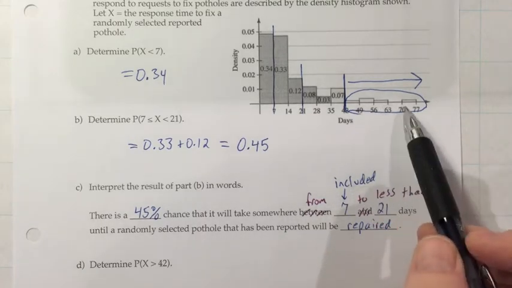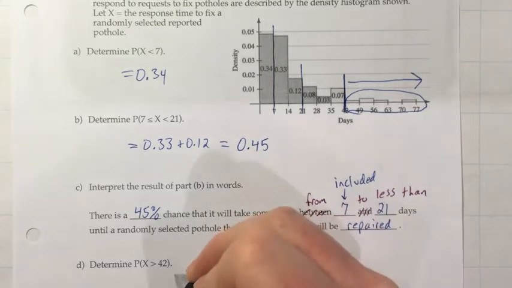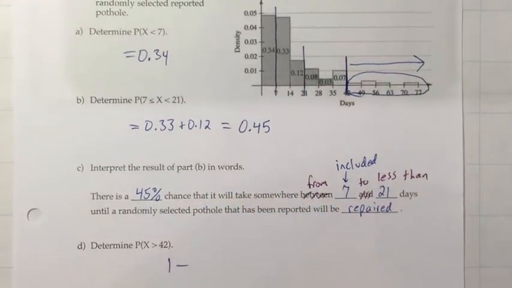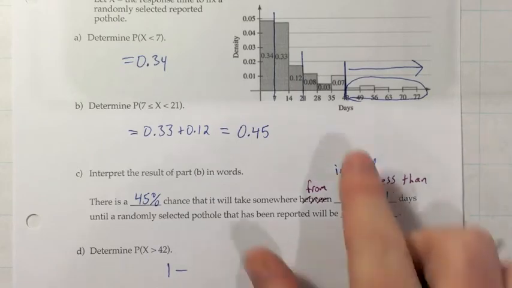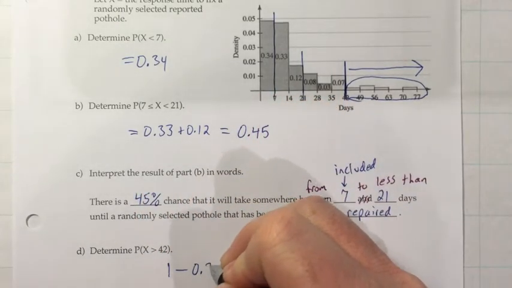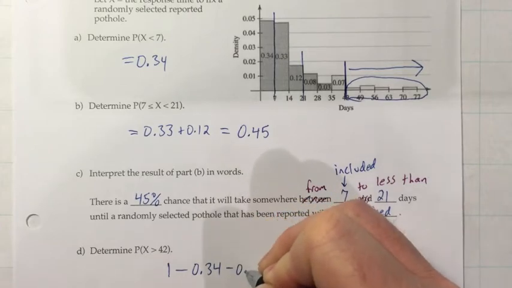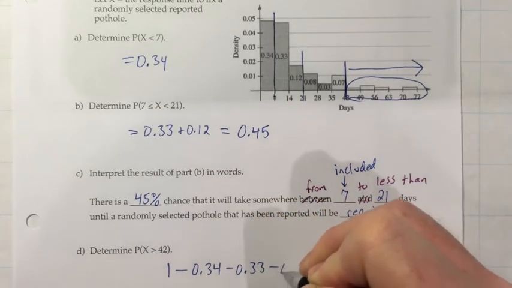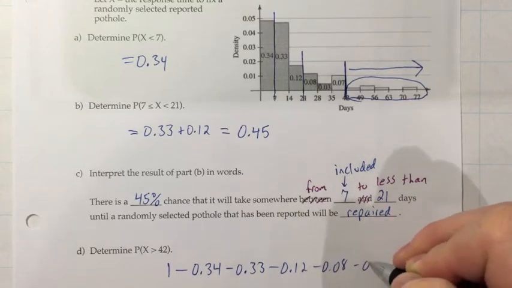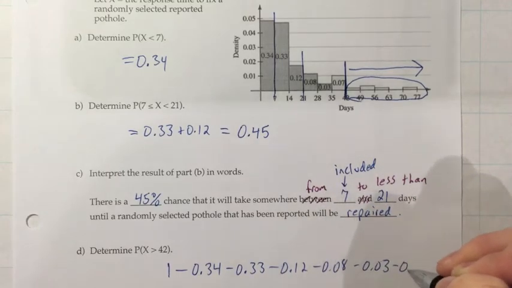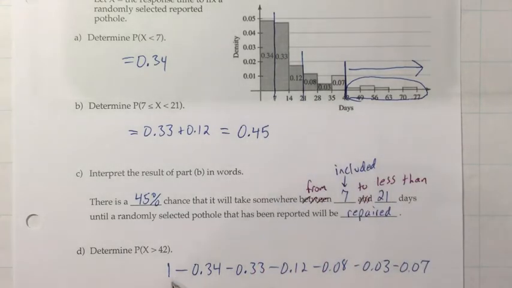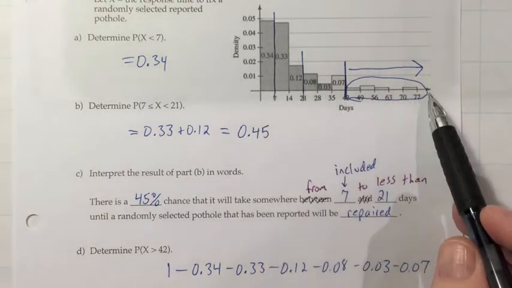So if you want these missing ones, you could take the total of 1 and you could subtract all the stuff that you don't want. So we don't want any of these bars to the left, so if we subtracted all of them, the 0.34, the 0.33, the 0.12, the 0.08, the 0.03, and the 0.07, then if you subtract those away from the total, remember 1 is what you'd get if you added all the bars together.